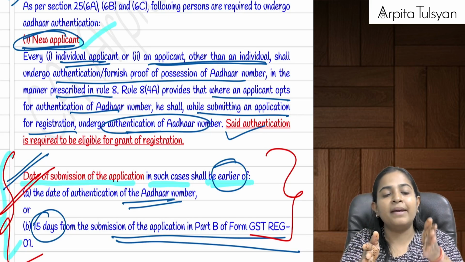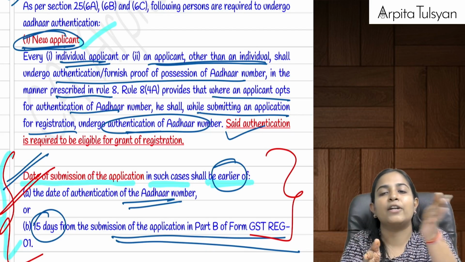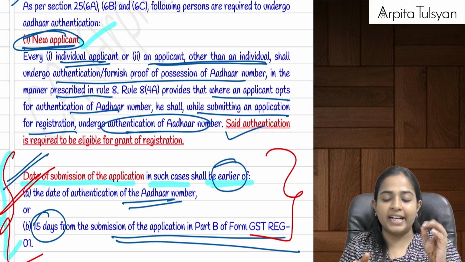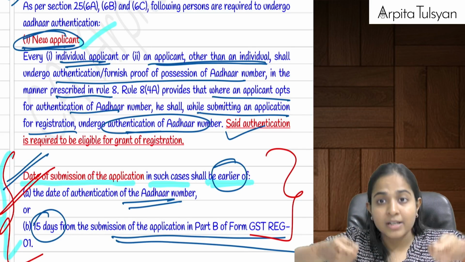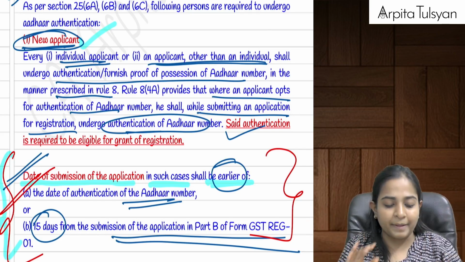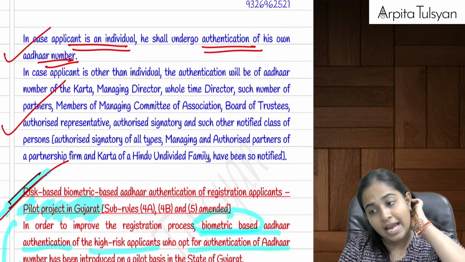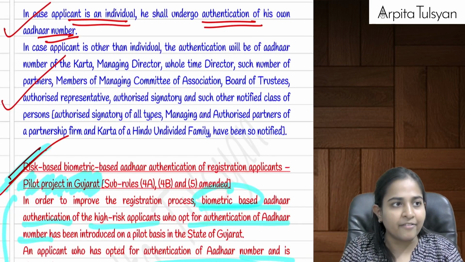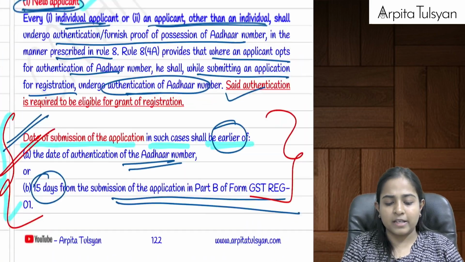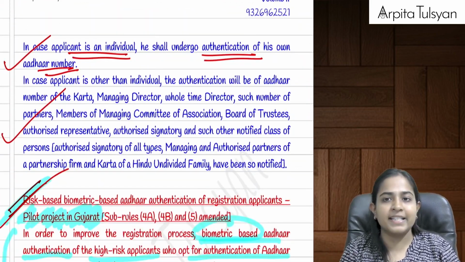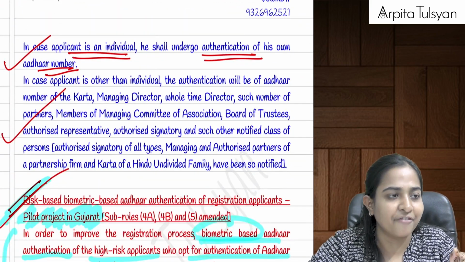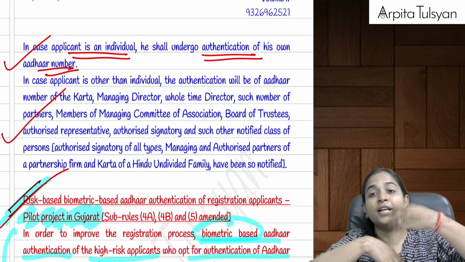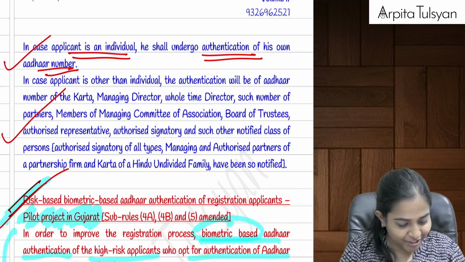What is that deemed date? 15 days from the date of submission of the application form, or date of Aadhaar authentication, whichever is earlier, that becomes your submission date, and from that day, within a period of 7 days, the registration will be granted to you. If not granted, then 30 days period will be applicable, right? Because if Aadhaar authentication is not done, then we will go for site verification, and then registration is deemed to be granted within 30 days, but only after doing the site verification.